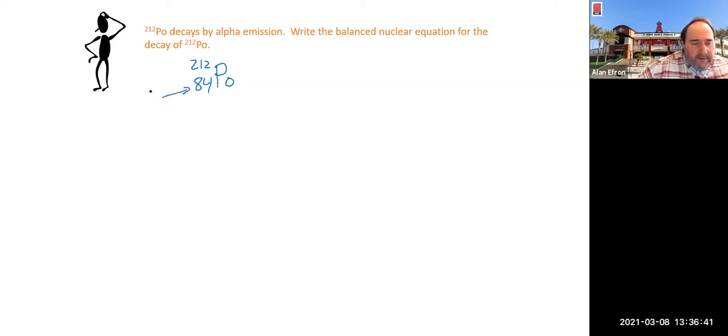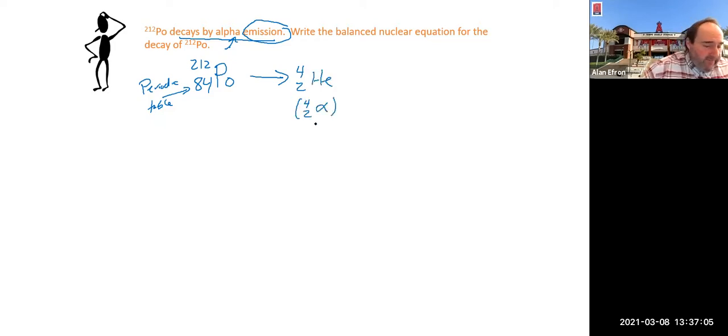Again, the periodic table is where we would get that. Now, it decays by alpha emission. The emission means it's going to be on the product side. And again, you could use 4, 2, and helium. If you wanted to, you could do 4, 2, and the alpha symbol is perfectly fine. Plus, that is what we're trying to find.